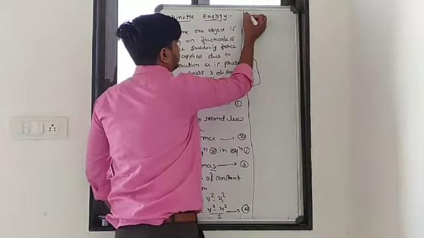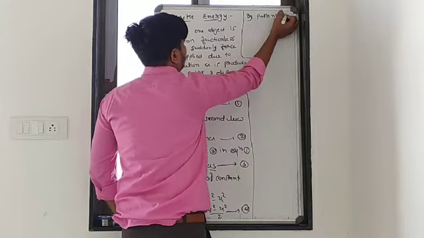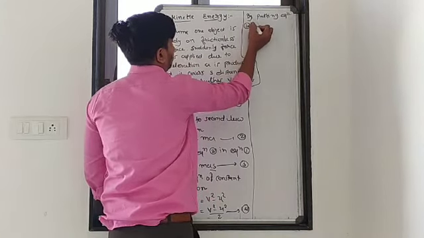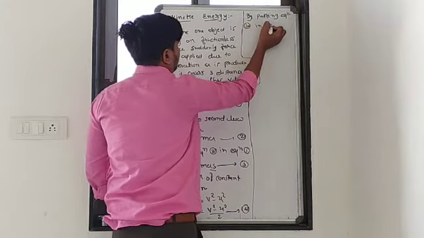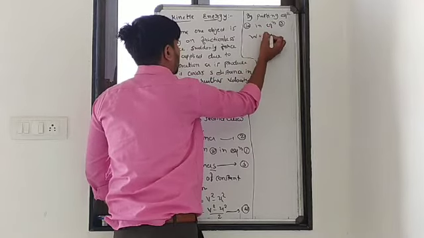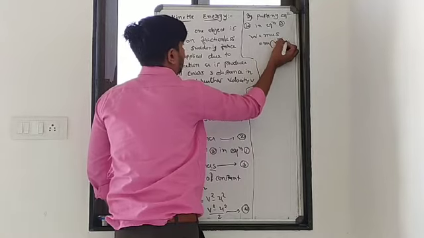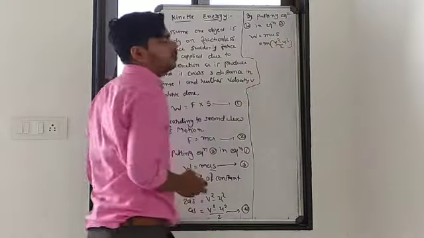Now put the value of 4 in equation 3, right? By putting equation 4 in equation 3. The equation 3 is W equals mas. So in place of as, v square minus u square by 2.